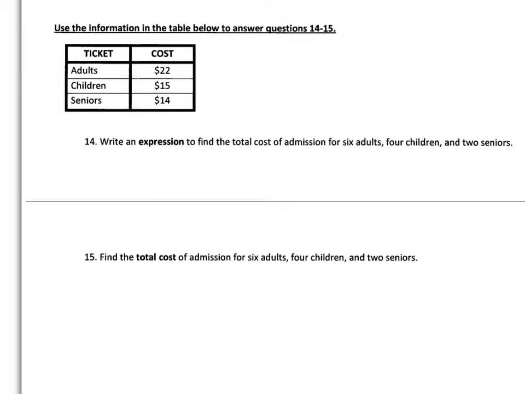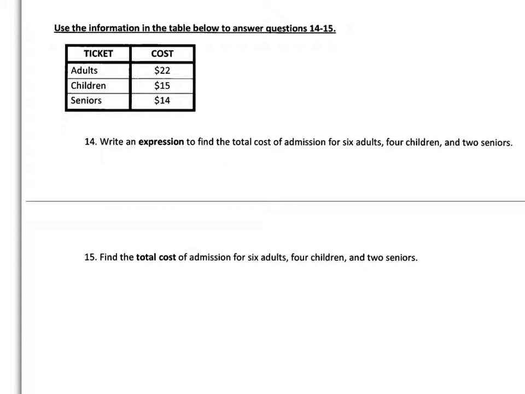All right, number 14, it says use the information in the table below to answer the next two questions. All right, we know that adult tickets cost $22, children cost $15, and seniors cost $14. Write an expression to find the total cost of admission for 6 adults, 4 children, and 2 seniors.